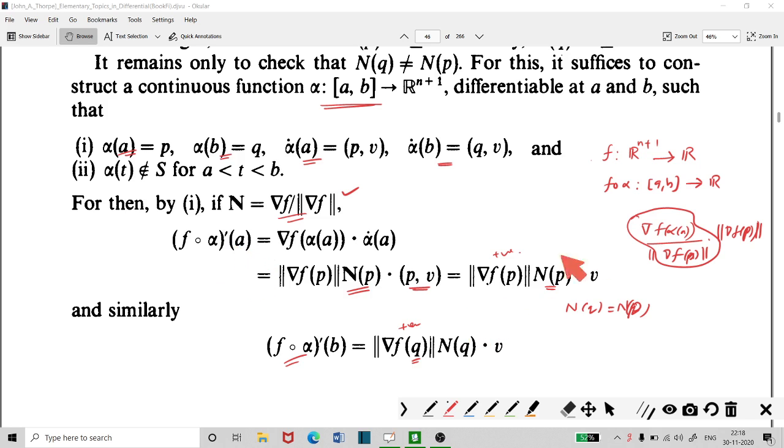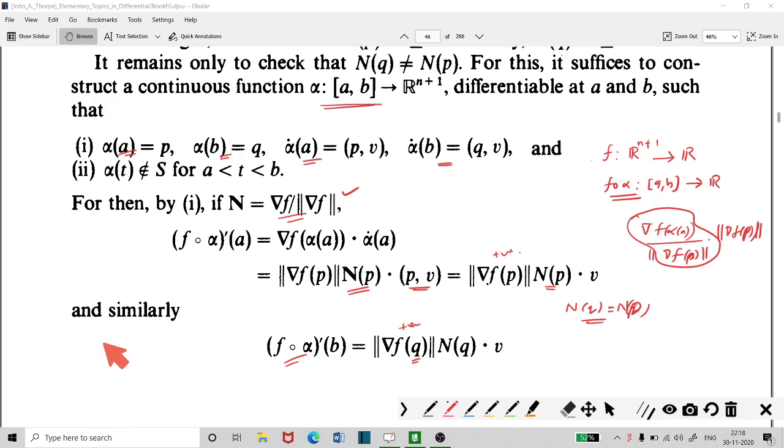That means the function f composition alpha is either increasing at a and b or decreasing at a and b. Okay, at those points a and b, this f composition alpha has the same monotonicity. If it is increasing at a, you can say that it is increasing at b, if n of q is equal to n of p.